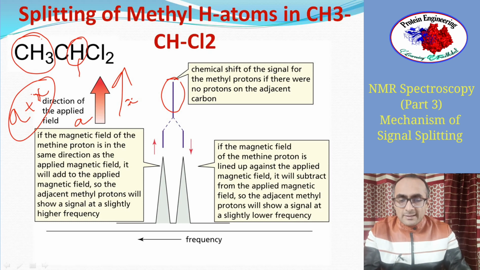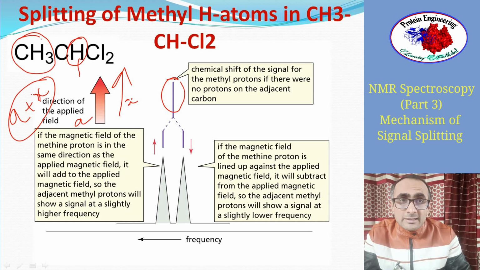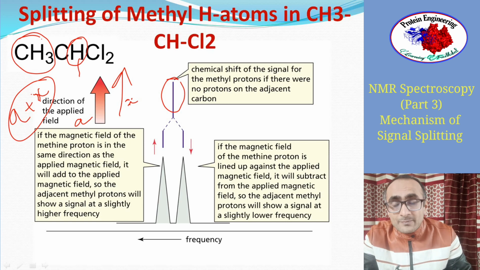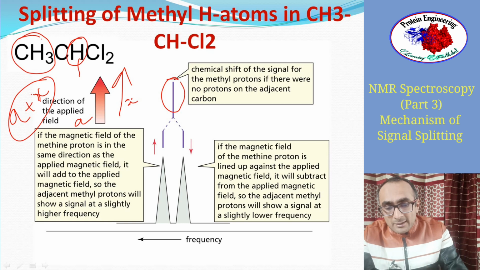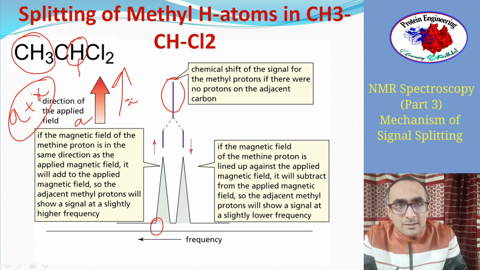So in this case, the CH3 protons would absorb high frequency, high energy radiation in order to resonate, which we have discussed in the earlier lecture on the basic principle of NMR. That means you will get one peak at high ppm, high frequency, more downfield. Why? Because the CH3 protons are feeling extra magnetic field, which is additive to the one applied from outside.